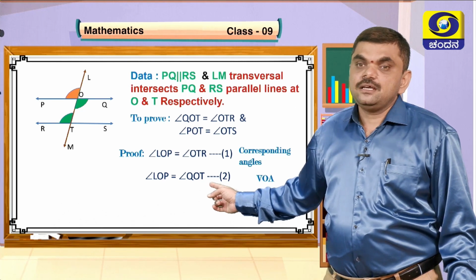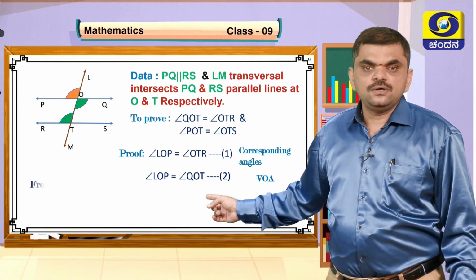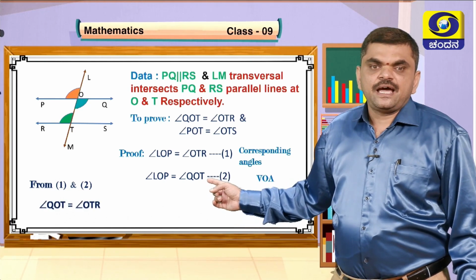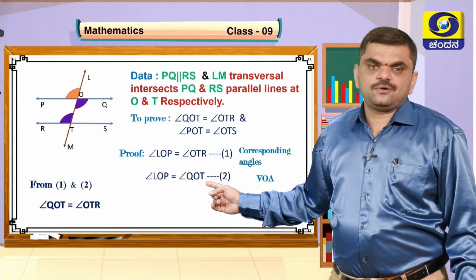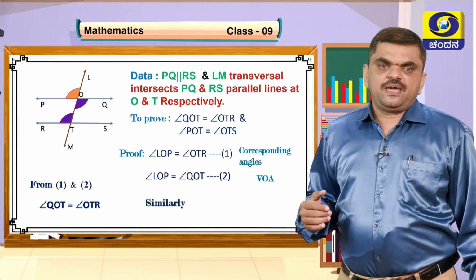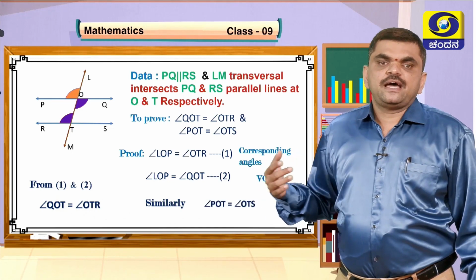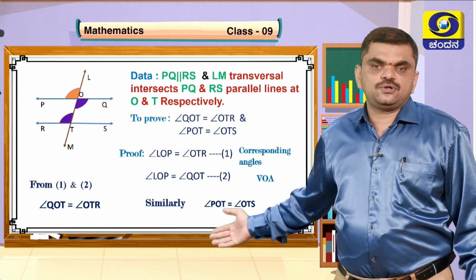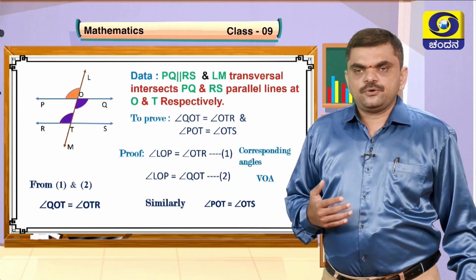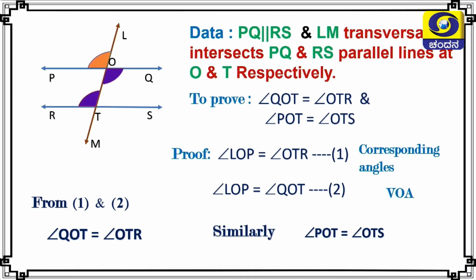So, from 1 and 2, we can conclude that angle QOT is equal to angle OTR. In the same way, we can prove that angle POT is equal to angle OTS. It is a very simple proof. You have to remember those angles and those relationships, children.